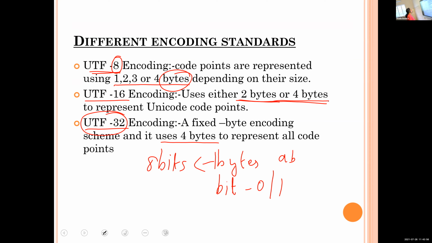In the case of UTF-32 we use 4 bytes. 4 into 8 is 32. So UTF-8 is 1, 2, 3 or 4 bytes, UTF-16 is 2 or 4 bytes, and UTF-32 is 4 bytes.